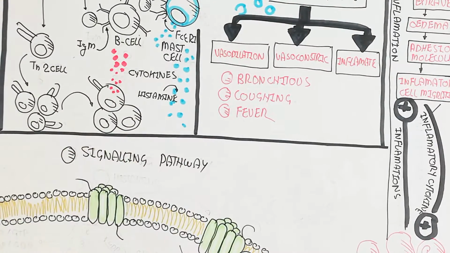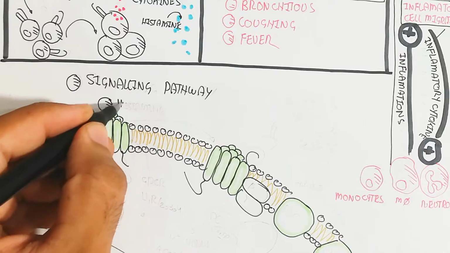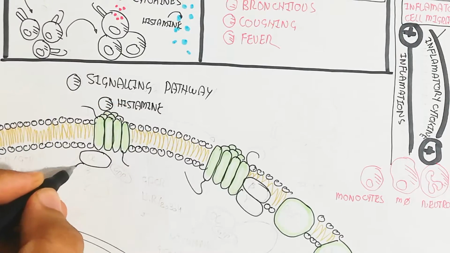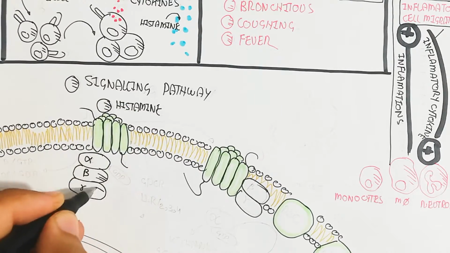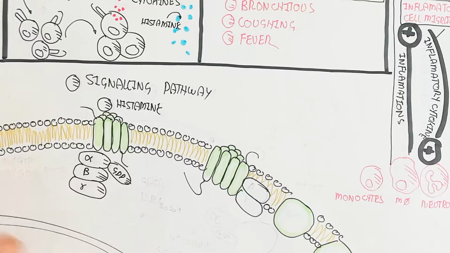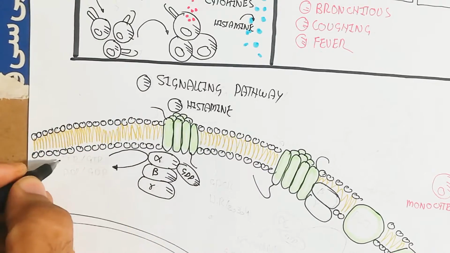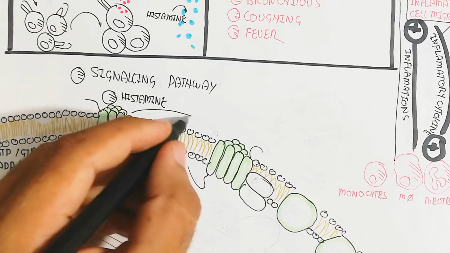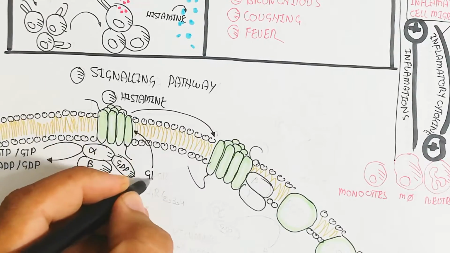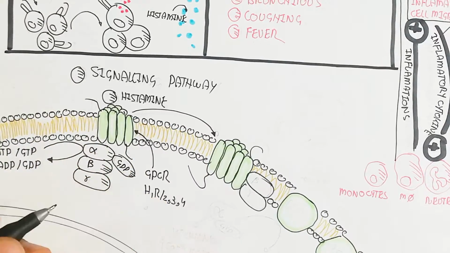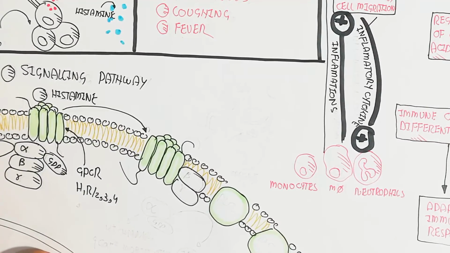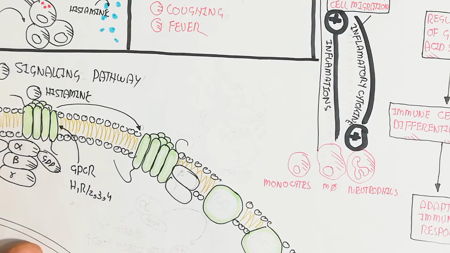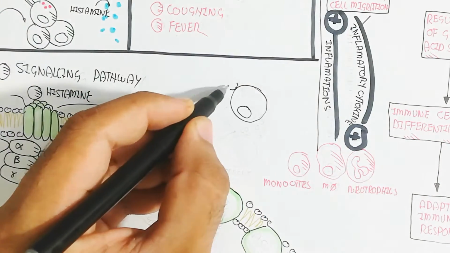So let's begin to understand the signaling pathway of histamine. When it binds with the histamine, generally we have the alpha beta gamma trimeric subunits, and the alpha subunit contains GDP, which is converted to GTP to activate it, and this is the G protein coupled receptor for histamine receptors 2, 3 and 4.